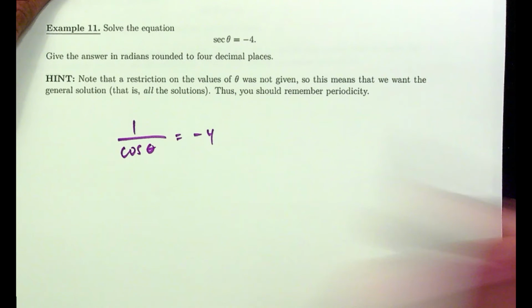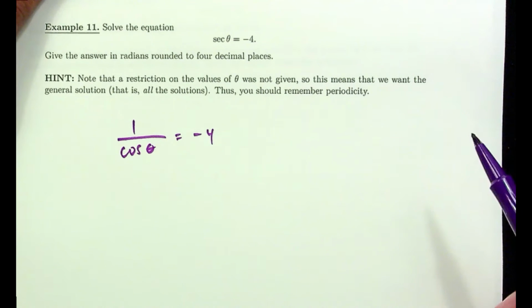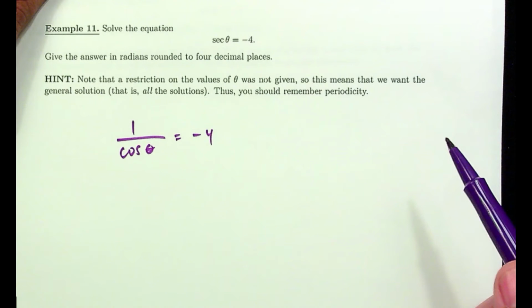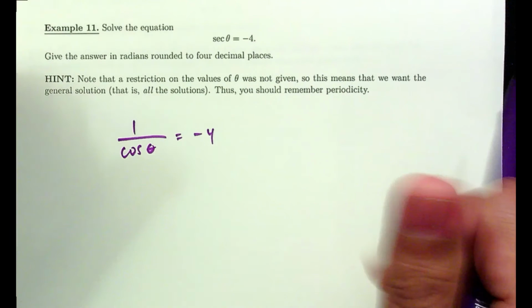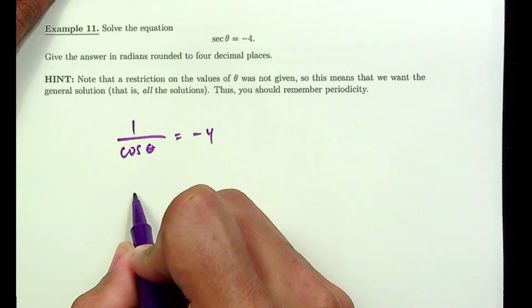Okay, so I can rewrite the left-hand side as 1 over cosine. And then I can either multiply both sides by cosine of theta, or just take the reciprocal on both sides, works out to be the same thing.